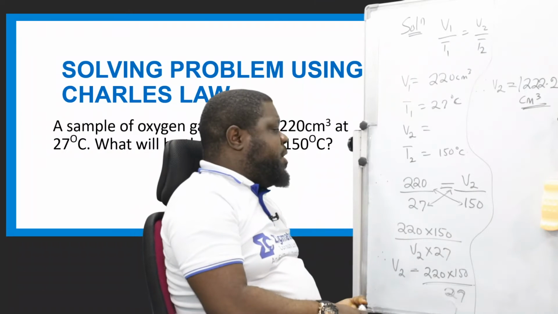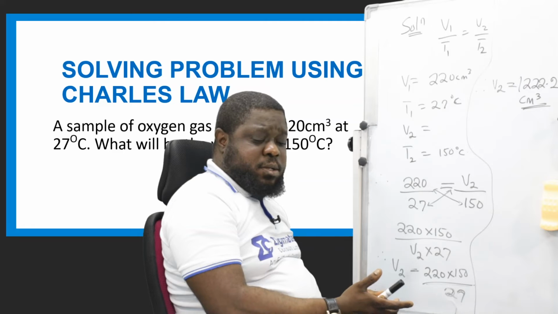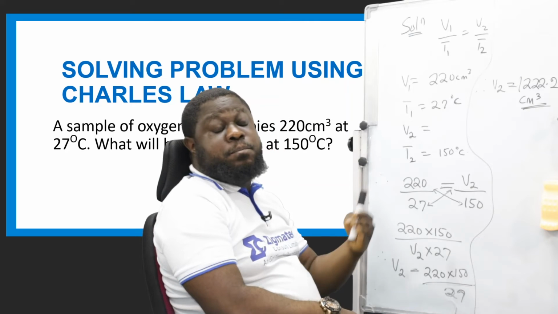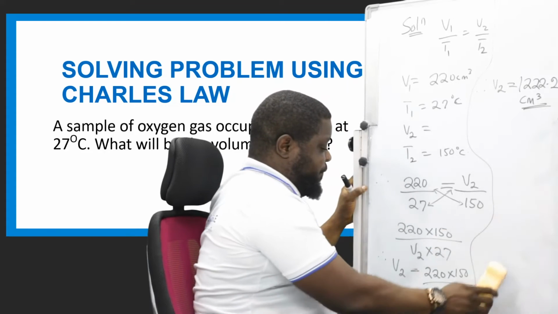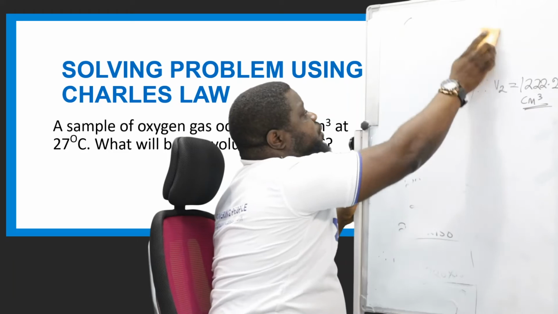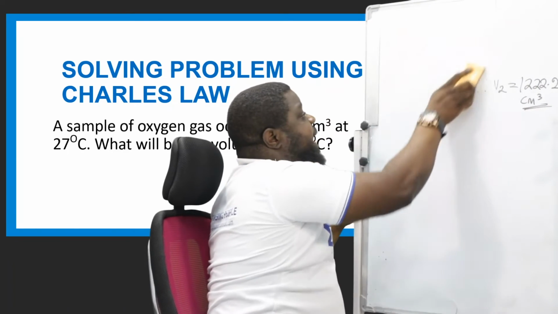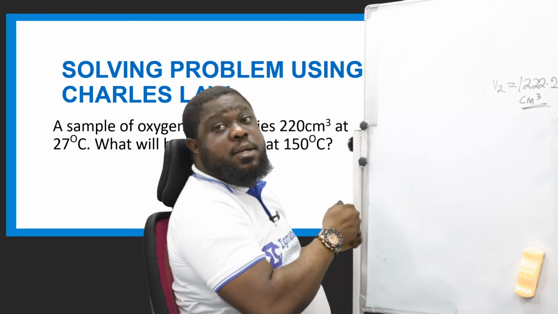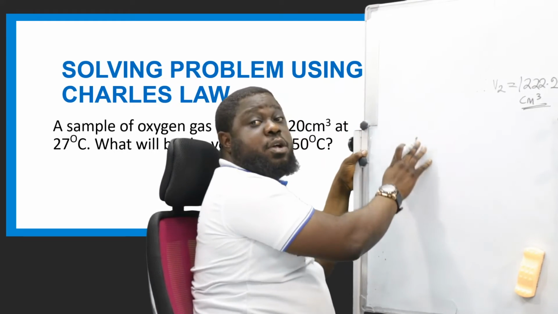Let's make a simple proof so that you understand what I'm saying. Charles' Law states that V1 all over T1 is equal to V2 all over T2.